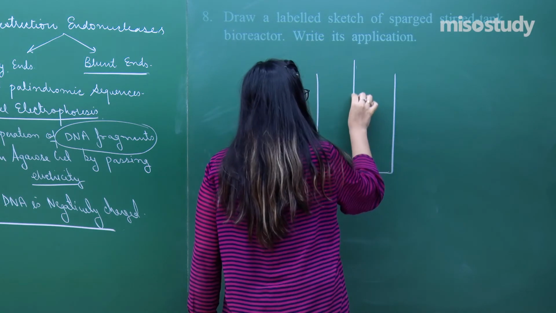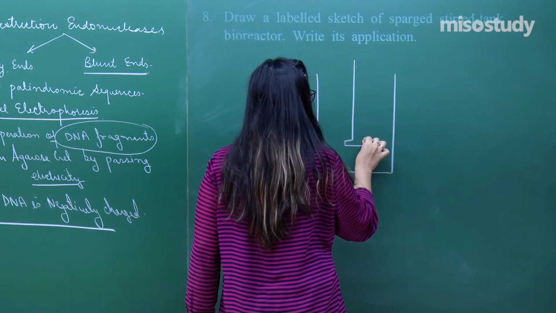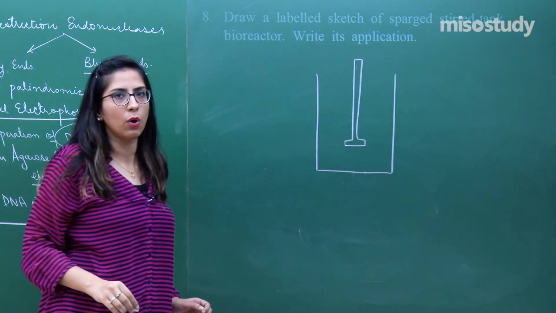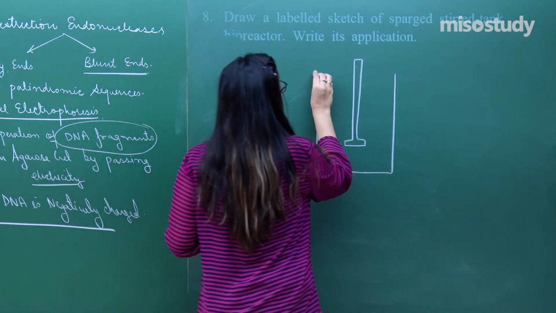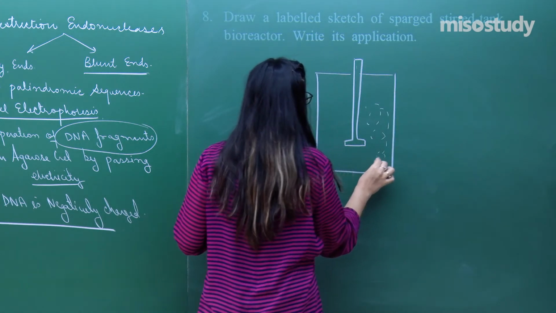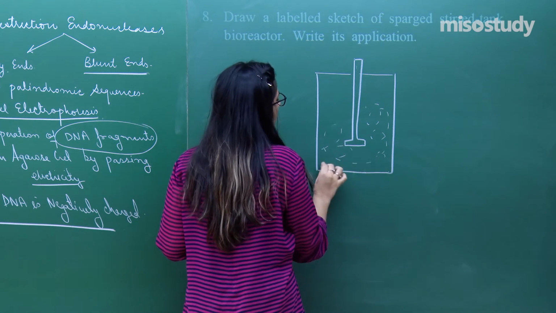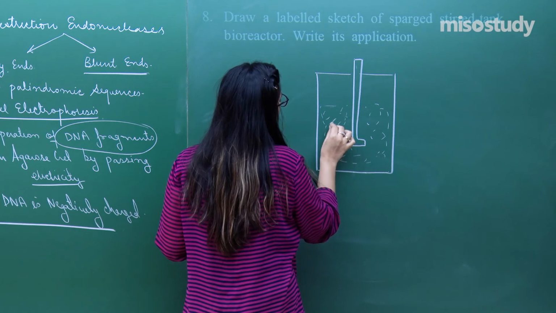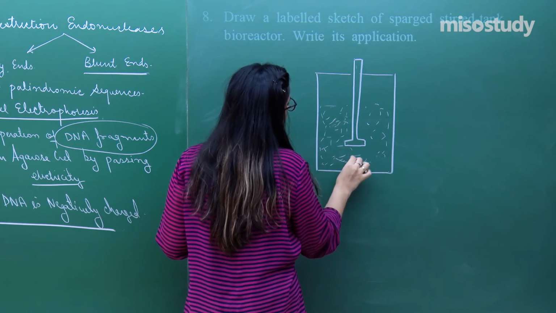I am just making a rough diagram because in the session we have discussed these things in detail. The whole diagram you have to draw. Even in this case, culture medium is present all over the place and it has bubbles in it. This is a sparged stirred tank bioreactor.